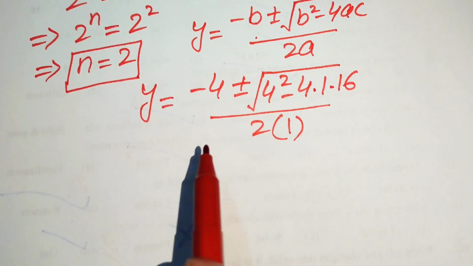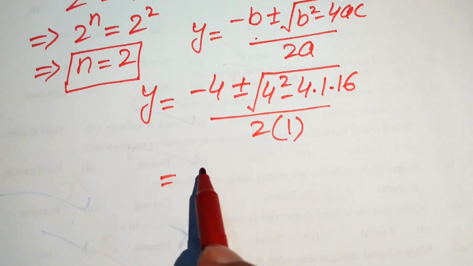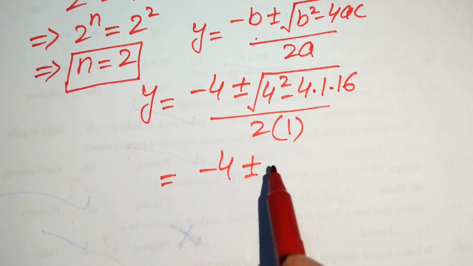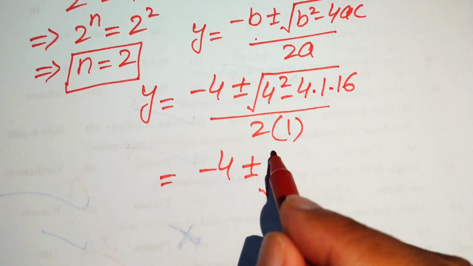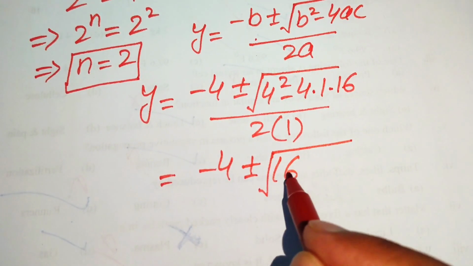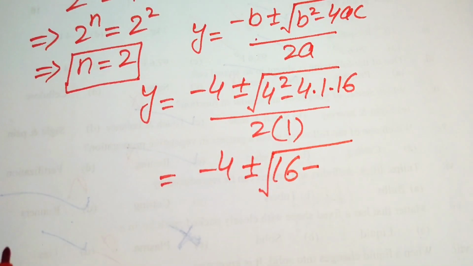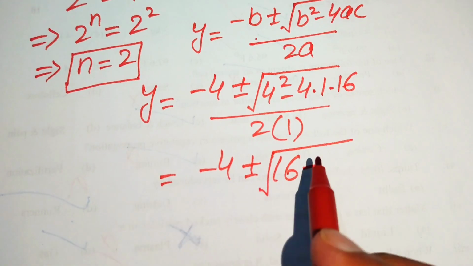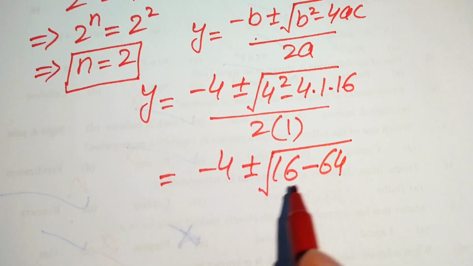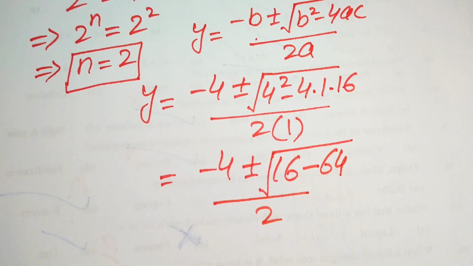And now in the next step, we have minus 4 plus minus square root of 4 square becomes 16, and minus 4 times 16 equals to 64, divided by 2.